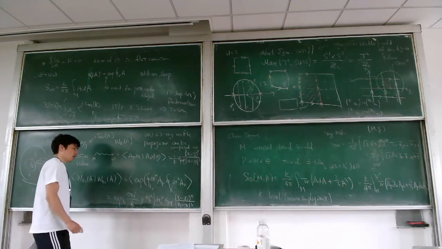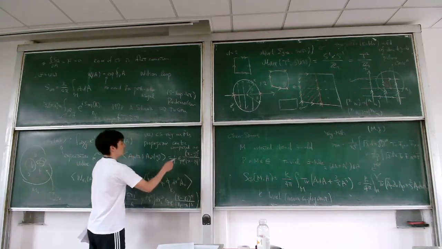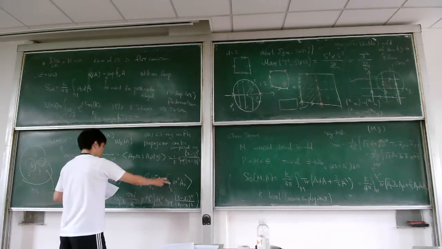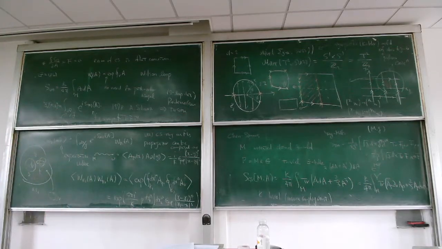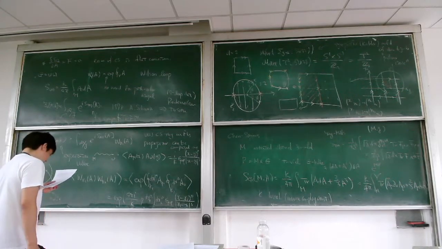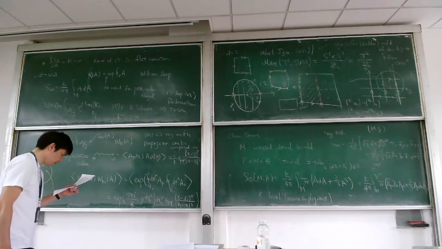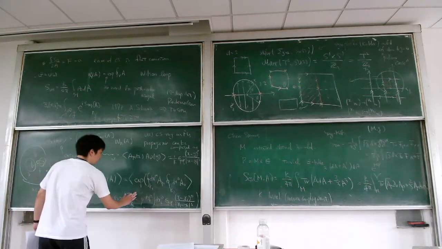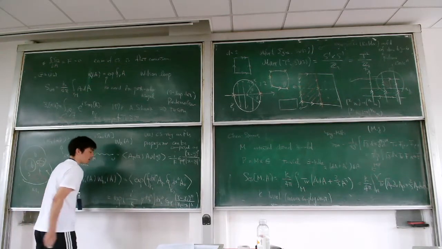So this is the answer obtained from just plugging this one into here. I think I missed 2 pi i somewhere. I think I should put 2 pi somewhere. Oh, no, it's okay. It's okay. Sorry.